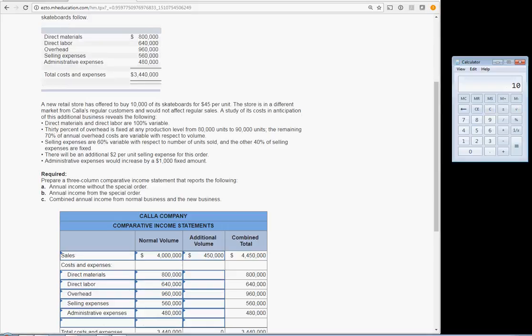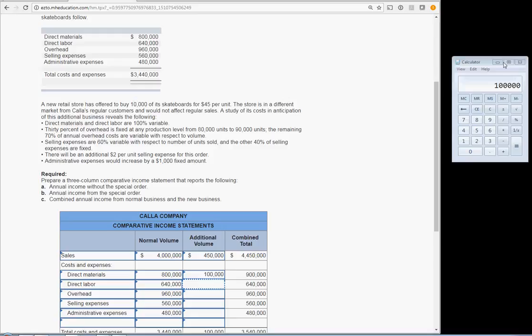If I'm producing 10,000 units at $10 per unit, I have $100,000 in direct material. Everybody see that? $100,000. I took 800,000 divided by the 80,000 normal units, because that's how many we produced here, to get $10 per unit, multiplied that $10 per unit times the 10,000 unit special order.